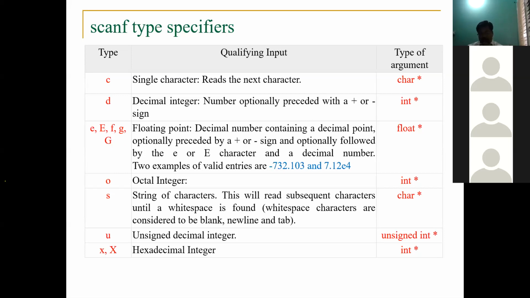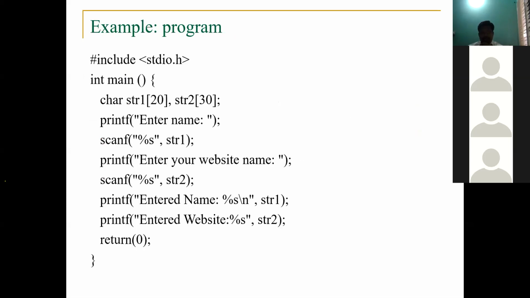So if you want to accept octal integers, you need to use the type specifier O. S stands for string, array of characters. U stands for unsigned decimal integer. X, lowercase and uppercase, is to accept hexadecimal integers.